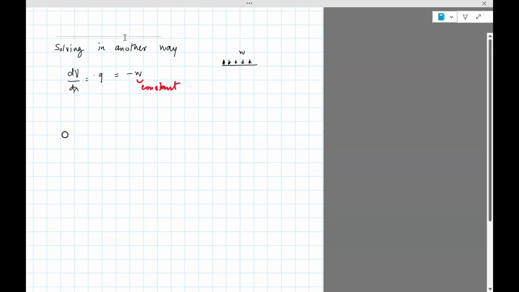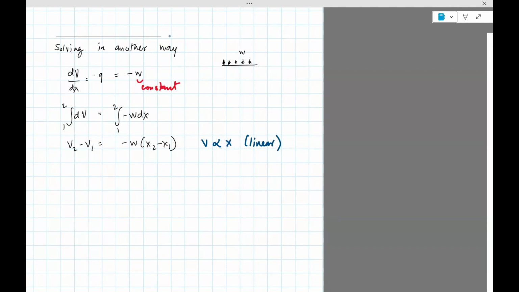Now we can integrate from 1 to 2: V2 minus V1 equals the integral of minus w dx, which is going to be something like minus w times (x2 minus x1). In other words, V is proportional to x, or it's linear in x.